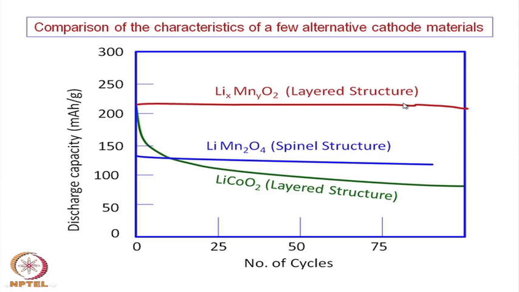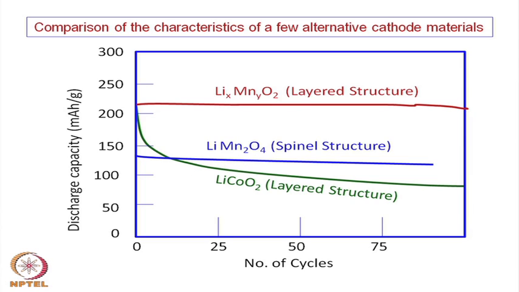That means, it remains stable, even at the starting capacity for a long enough time or large number of cycles. The Mn2O4, the spinel structure itself has a lower capacity, but it remains constant over a large number of cycles. So, compared to lithium cobalt oxide, it is certainly better in certain sense, in this particular sense at least, so far as the cyclability is concerned.